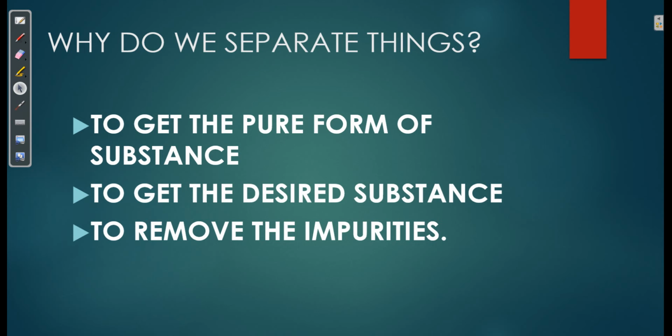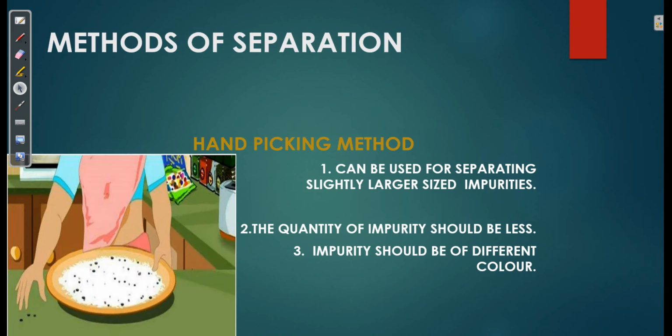Now, the first method which is used for separating things is the hand picking method. It is a simple method, as the name suggests. In this method, we use our hand for picking out the impurities. You must have seen your mother while cooking rice or dal.